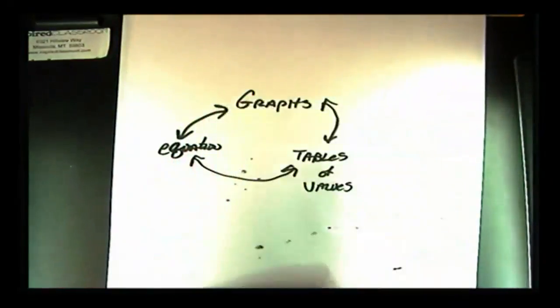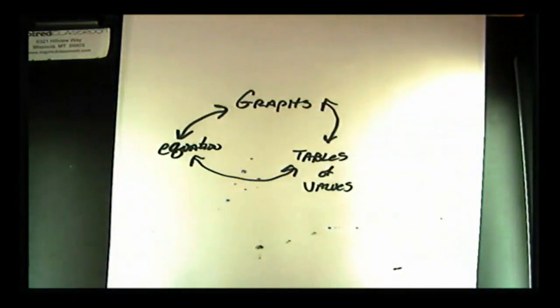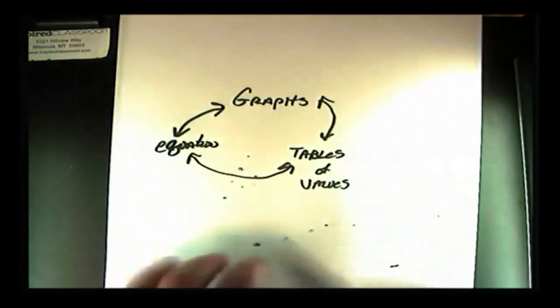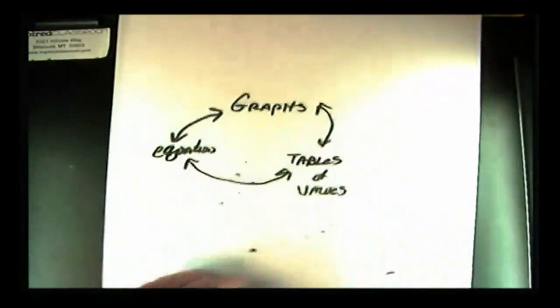So there's graphs, equations, and tables of values, and they all go together. If you have one or two of these, you can find the third. If you have one of these, you can make the other two, for that matter. So let's talk about that real quick.